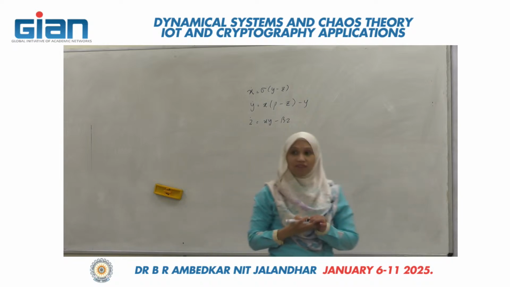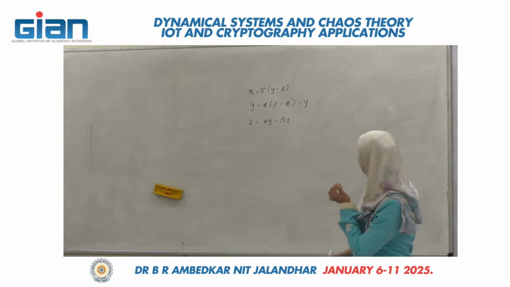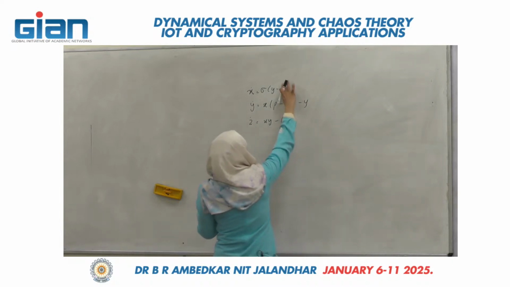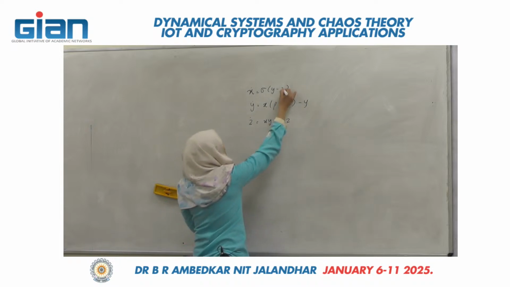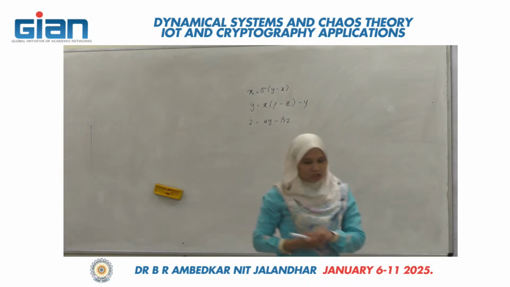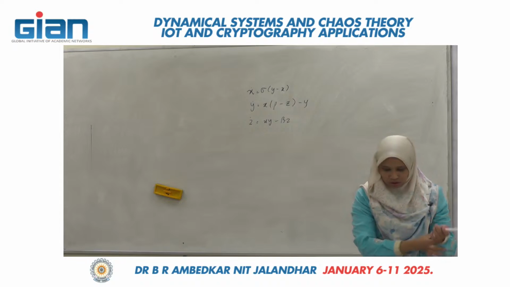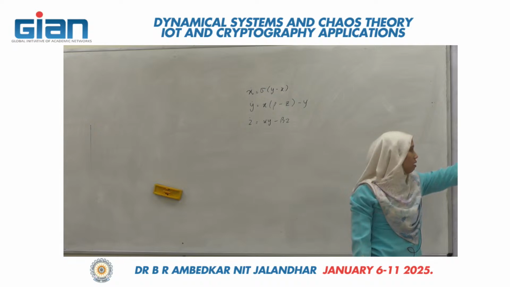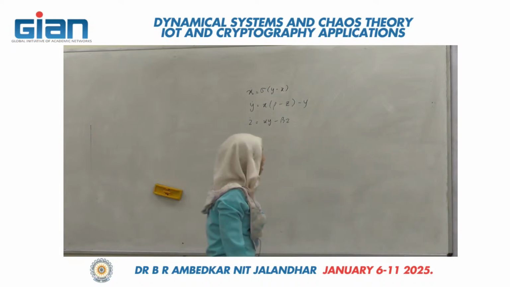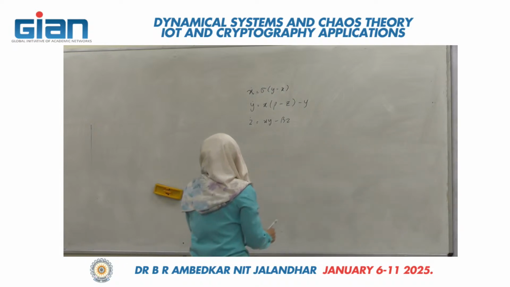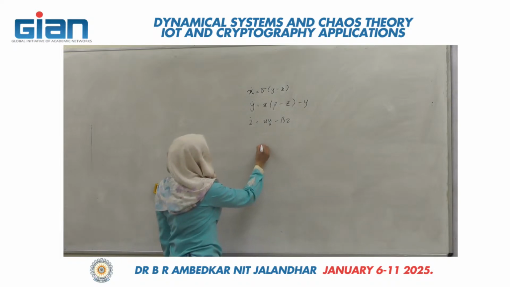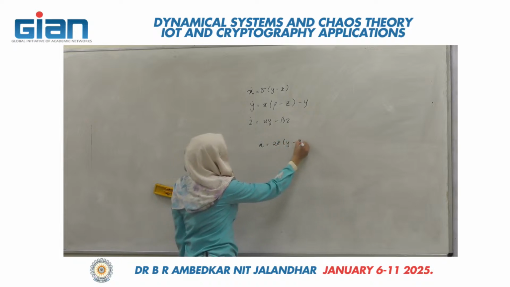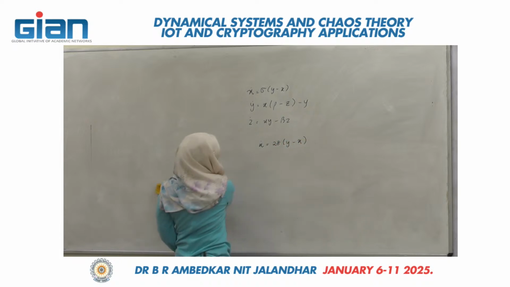So how do we want to iterate? Sorry, I wrote xy minus z, right? It should be xy minus beta z. Okay, so how do we want to iterate? Let's say we use these numbers for the parameters: sigma 10, rho 28, and beta 8/3.